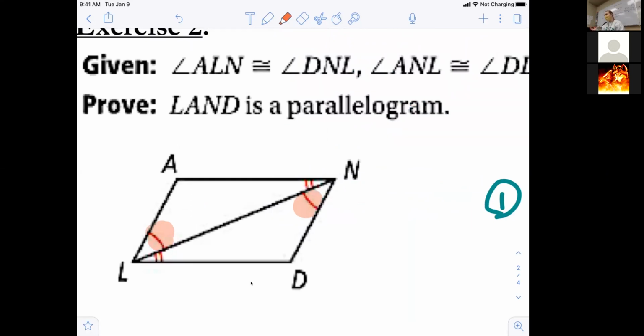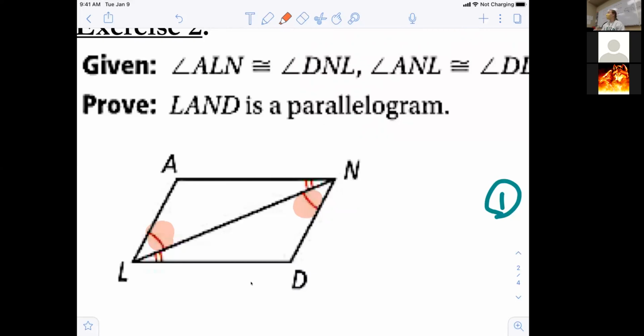Billy, what do you know? We do have reflexive. That's not going to help us here, but reflexive is definitely there. Drew? That would also be true, but that's not going to help us here. Caleb? Oh, those whole angles would be congruent.